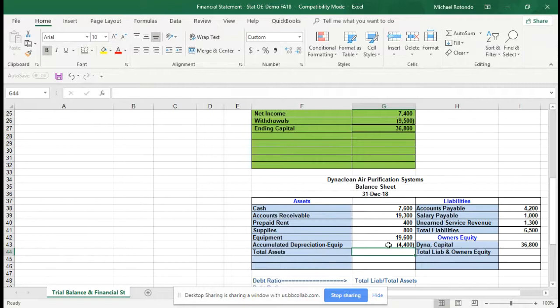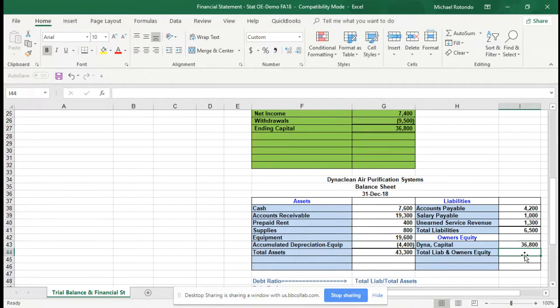So let's add up our total assets. So again, we should do our thick bottom border, to indicate we're adding. So we got 43,300. Our liabilities plus our capital should equal that.